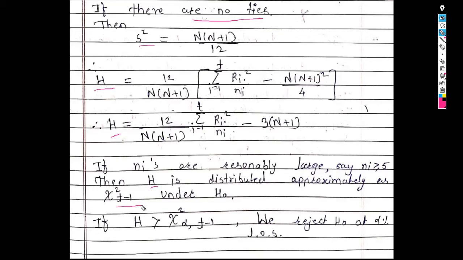So when the size of each treatment is greater than or equal to 5, this test statistic follows a chi-square distribution with t minus 1 degrees of freedom.